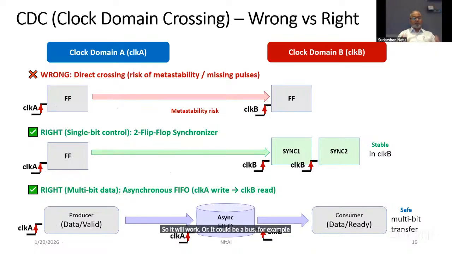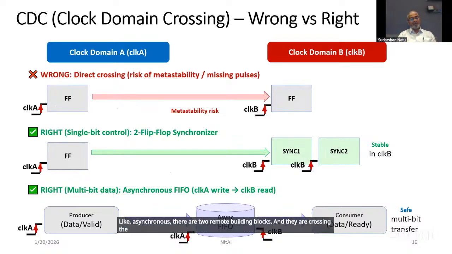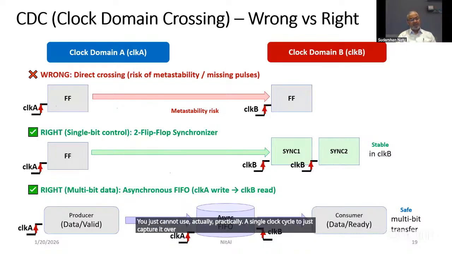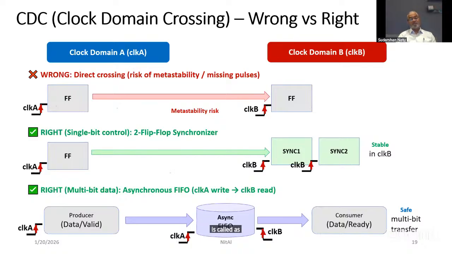Or it could be a bus, for example. This is a 32-bit bus or 64-bit bus coming from process A and crossing domains to process B, like asynchronous, where there are two remote building blocks crossing the boundaries. What will happen? You practically cannot use a single clock cycle to capture it there. What you need at that point of time is called a first-in-first-out, or FIFO, which I'm sure you must have learnt in your curriculum or previously as well.